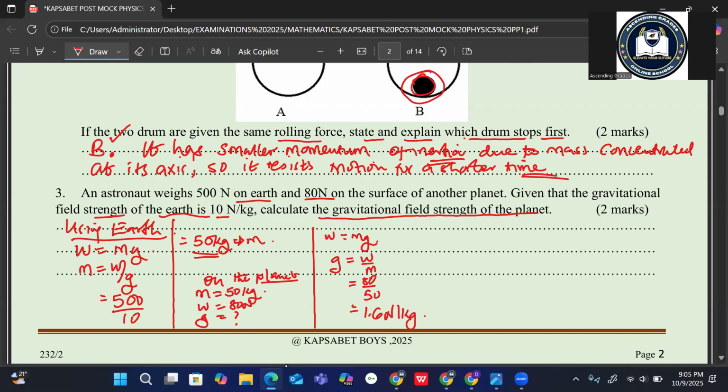Meanwhile, allow me to rectify some working over here. This was supposed to be 80.